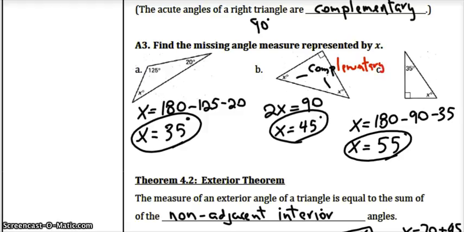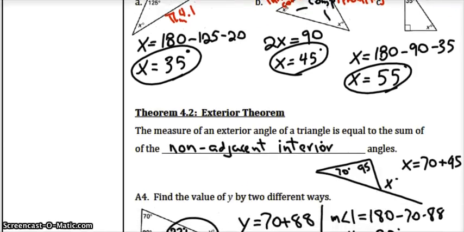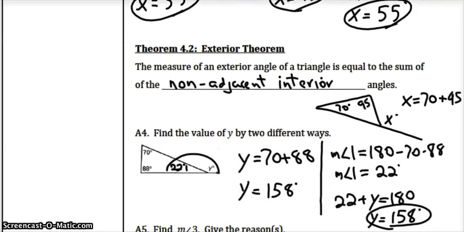Here we used theorem 4.1. Here we use the theorem 4.1 corollary. And here we used theorem 4.1. So again, as we look through here, the exterior theorem there, not a whole lot we can do.